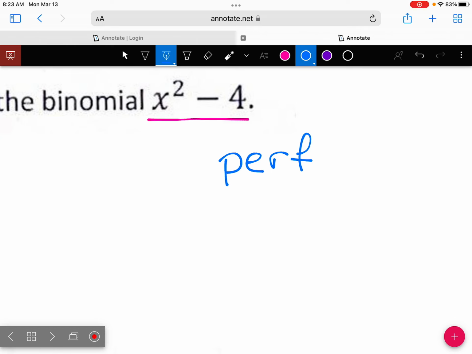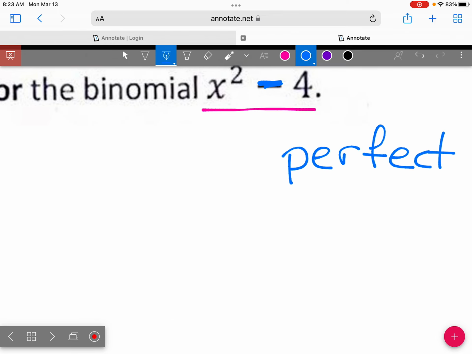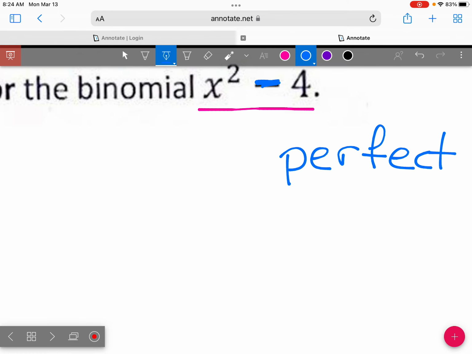What's happening between my perfect squares? That's totally meant to be a Q. What's happening between the perfect squares? We're taking a difference.